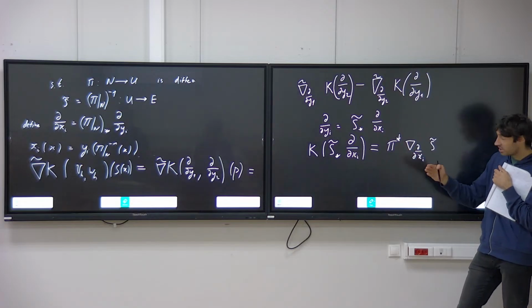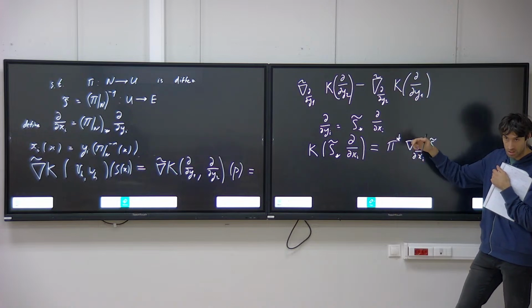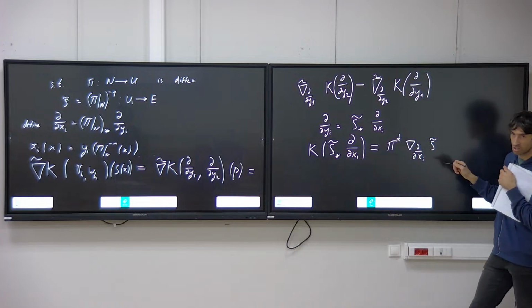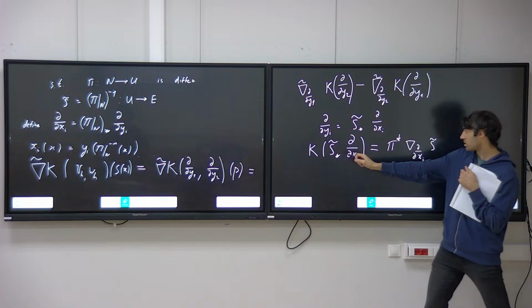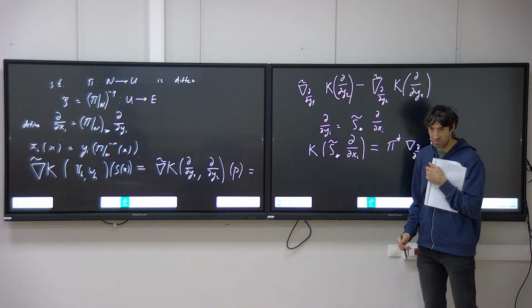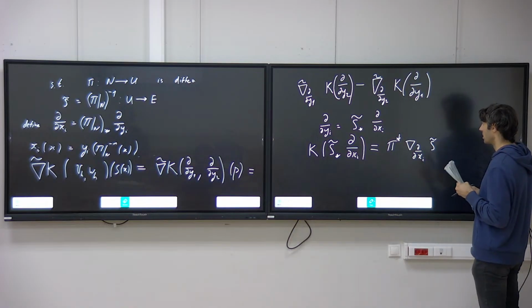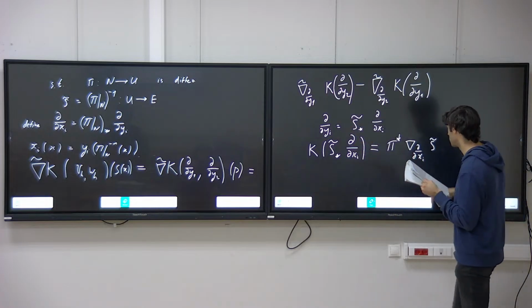So I just go back to the definition of nabla if I'm given HE. This will be exactly the definition: I push forward d over dxi with respect to S star and project to the vertical direction. So this I can replace with this.